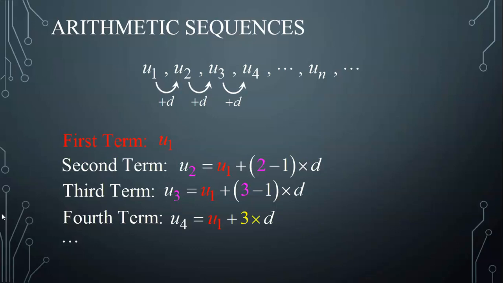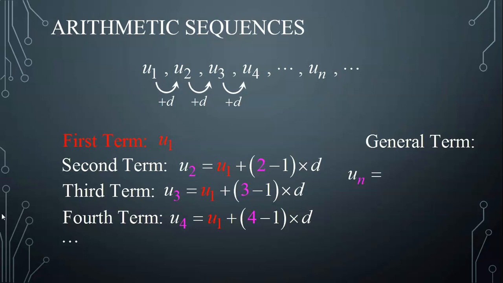While for the fourth term, when n equals 4, D is multiplied by 3, which is 4 minus 1. So we can in fact see the pattern here. To generalize into the general term, in order to determine the nth term of the sequence defined by Un, we have the first term plus the common difference multiplied by n minus 1.